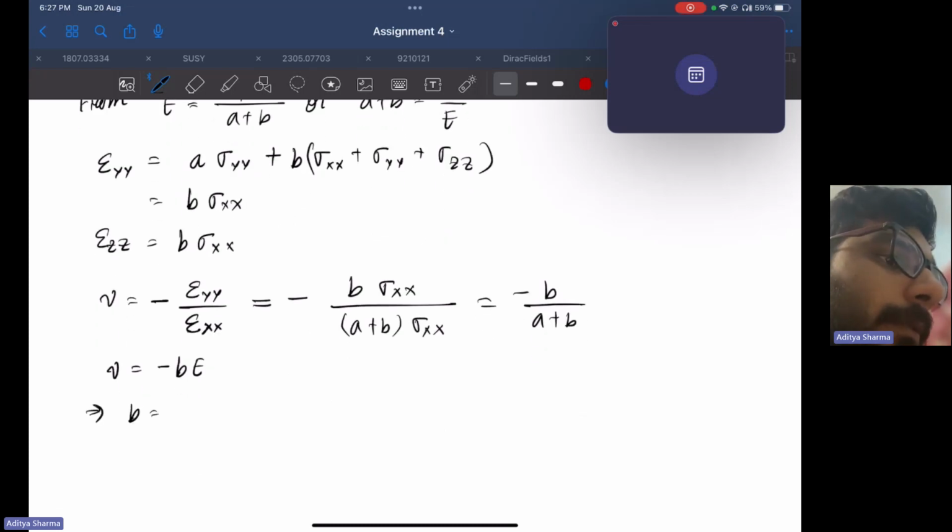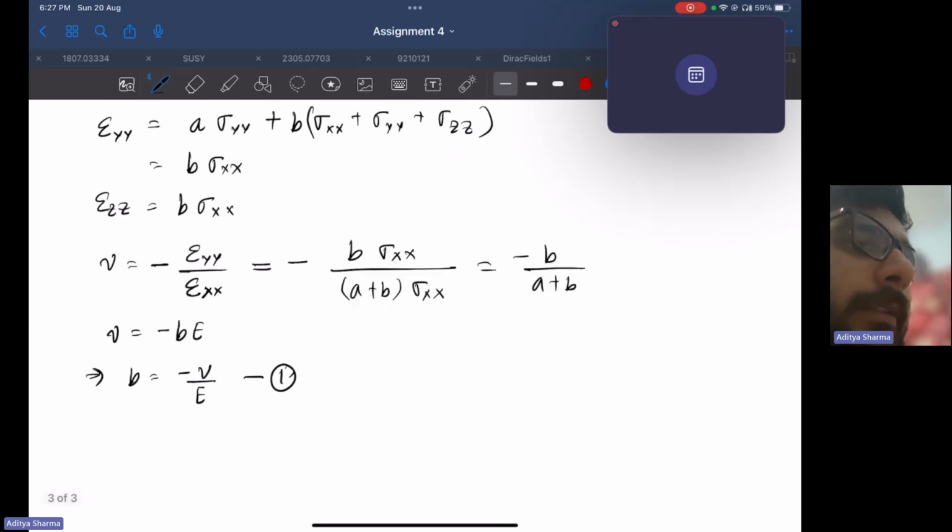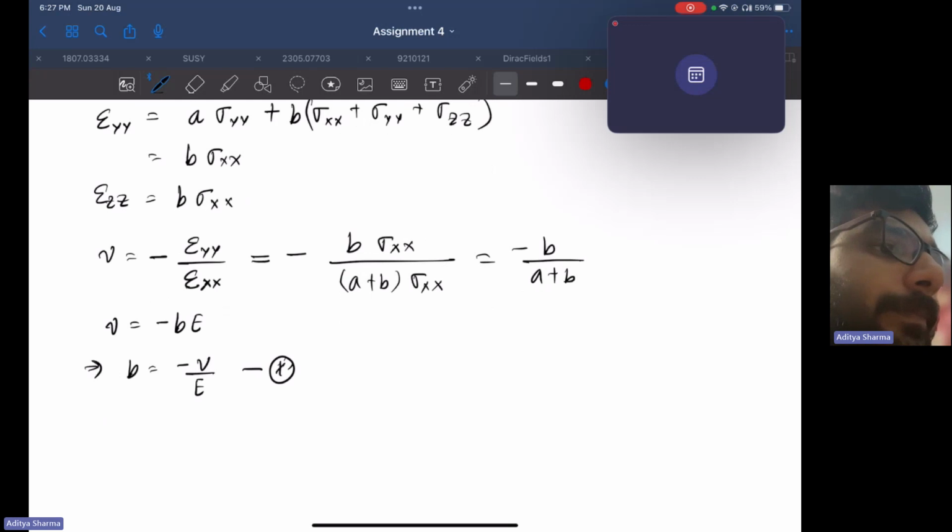Therefore, b is equal to minus mu by E, and a plus b is equal to 1 by E. This implies a is equal to 1 plus mu by E.